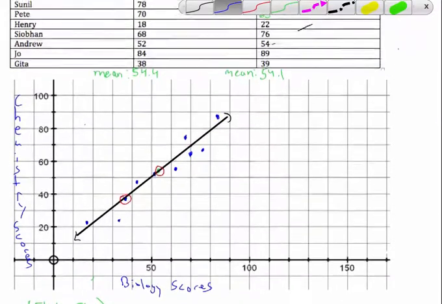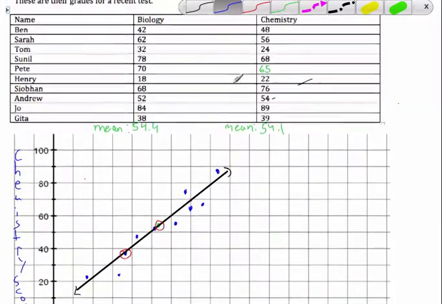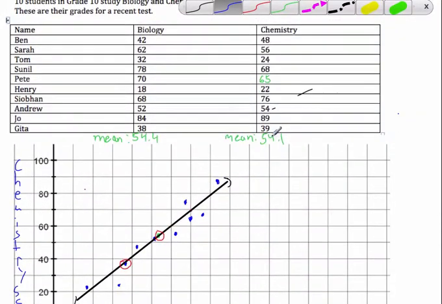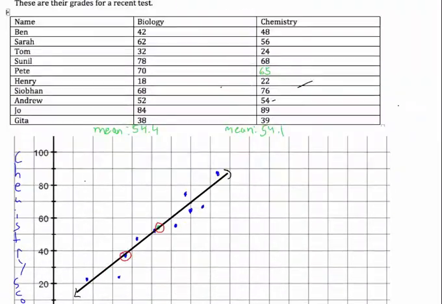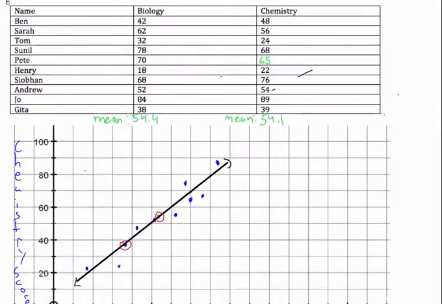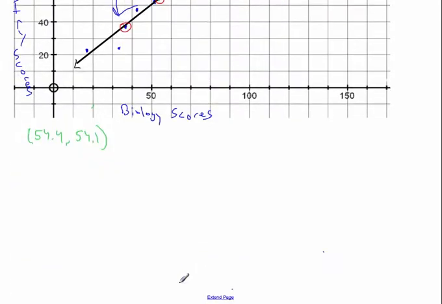So let me go up to our table here. 38 for the chemistry score, or 39 for the chemistry score would be the last point here, actually. So 38, 39 is this point right here. And I'm going to use that one to find the equation of our line. Alright, so we have 38, 39 as our other point on the line.